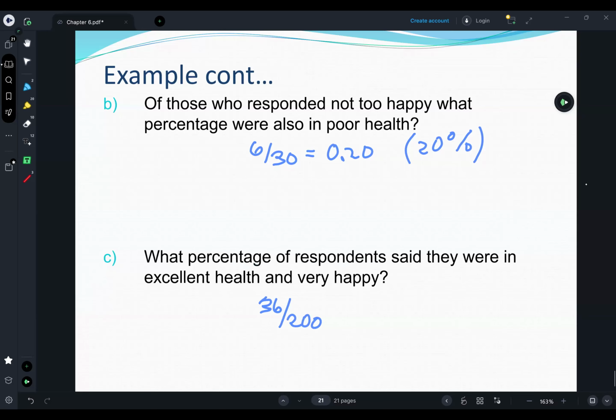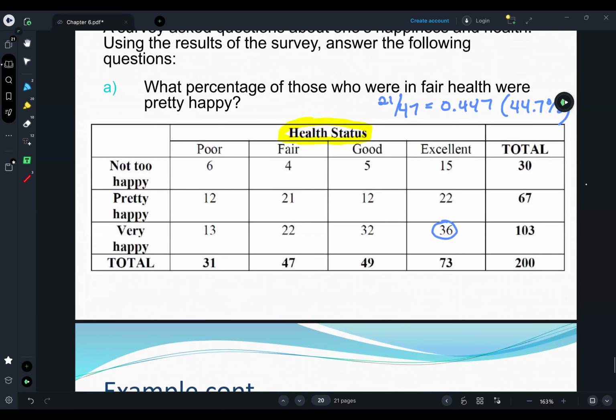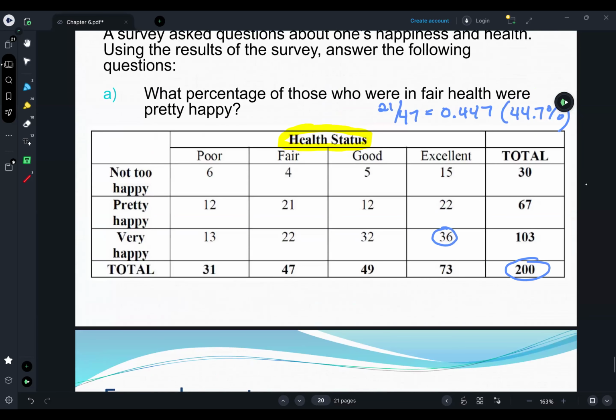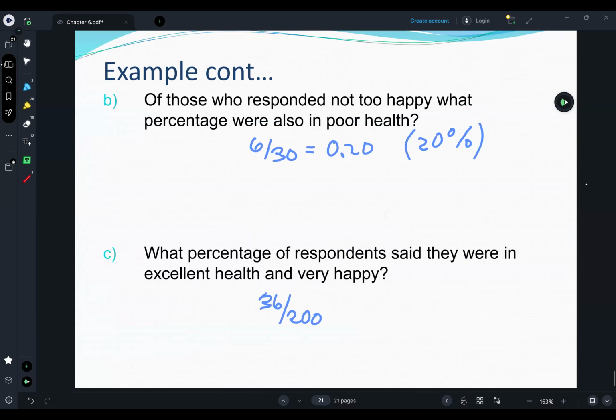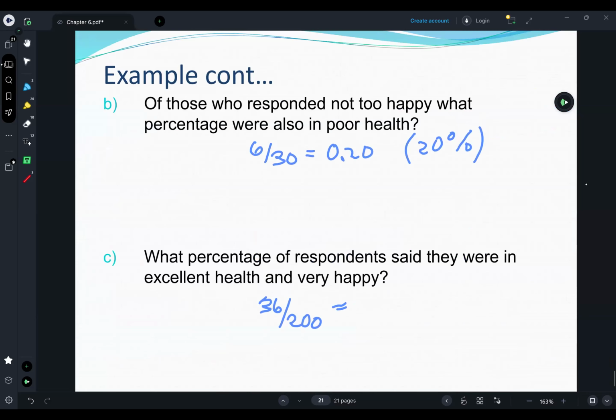We know that there were 200 total respondents in the survey right here. So what percentage of the respondents? That would be the denominator. Good. 36 divided by 200. We made it. And let me just go to the end here. All right.